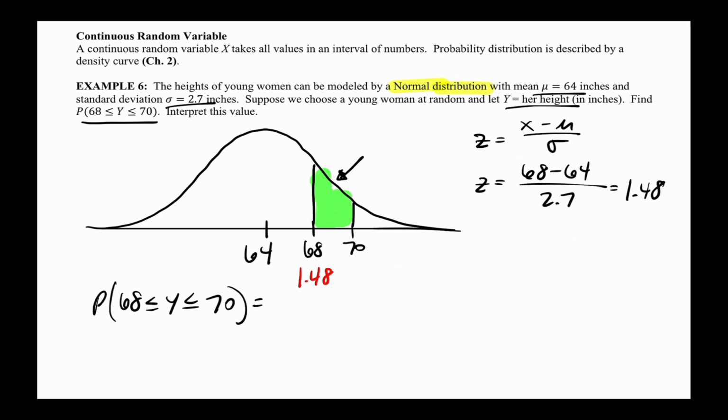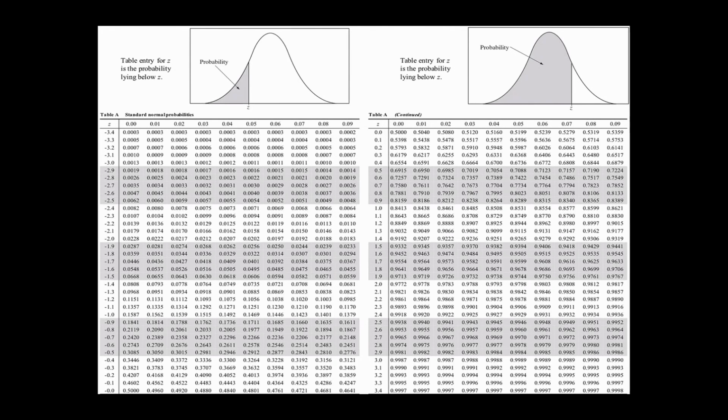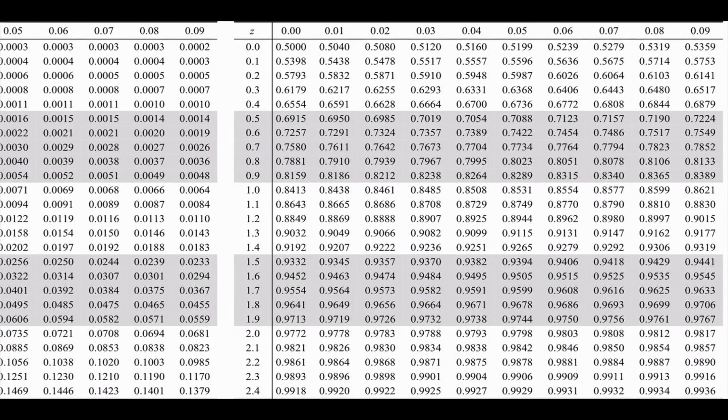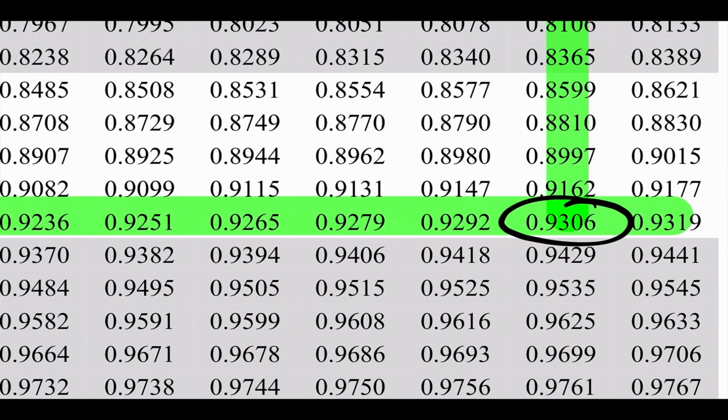What is the Z-score? It's a standard deviation, yeah. Okay, so I go to my table. A table that looks like this. We haven't used it for a while either. And I look up my Z-score, 1.48, which is 0.9306.